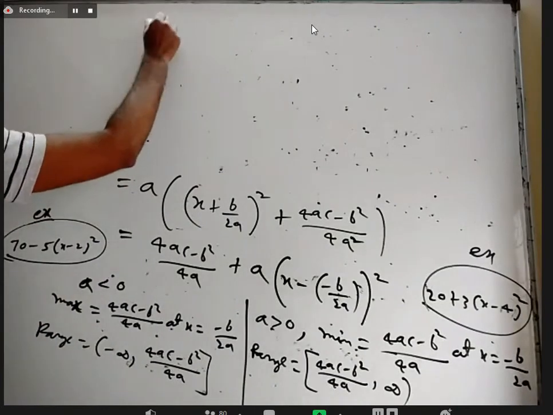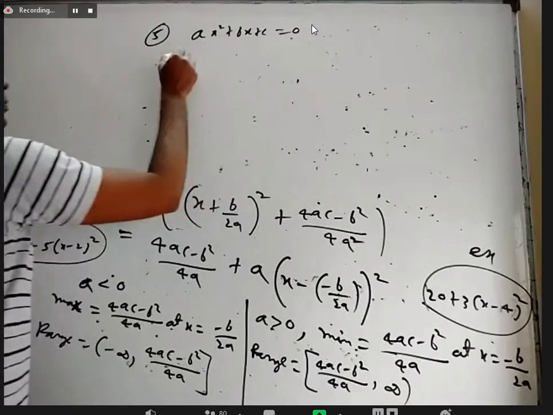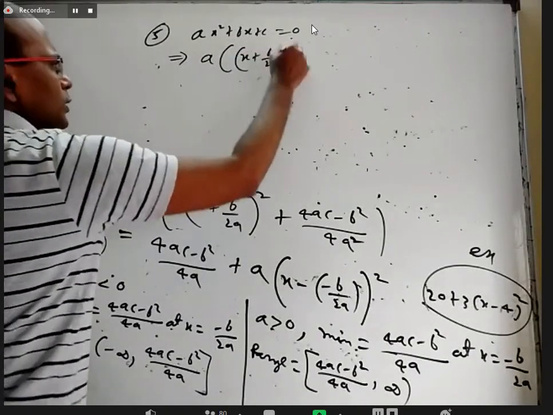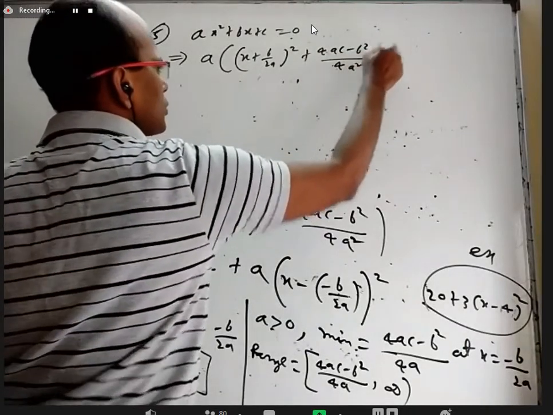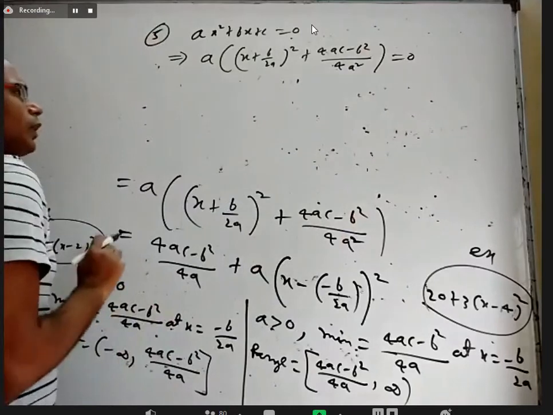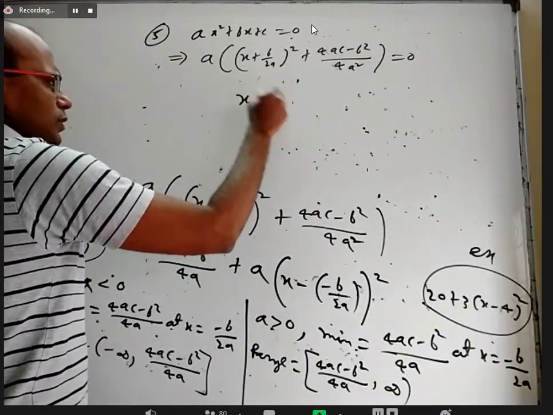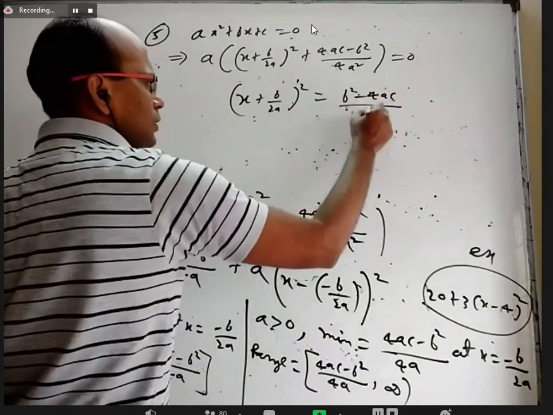Fifth point. ax square plus bx plus c equal to 0 implies a into (x plus b by 2a) whole square plus (4ac minus b square) by 4a square equal to 0. You can send this one here, this one to this side. You will get (x plus b by 2a) whole square equal to (b square minus 4ac) by 4a square.